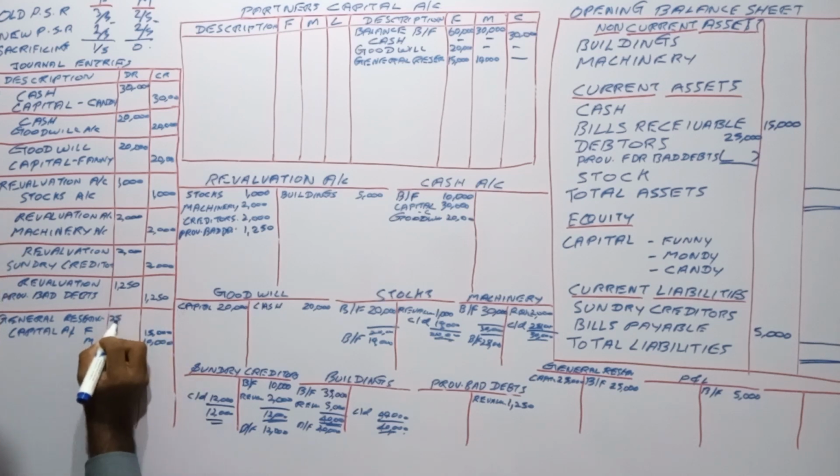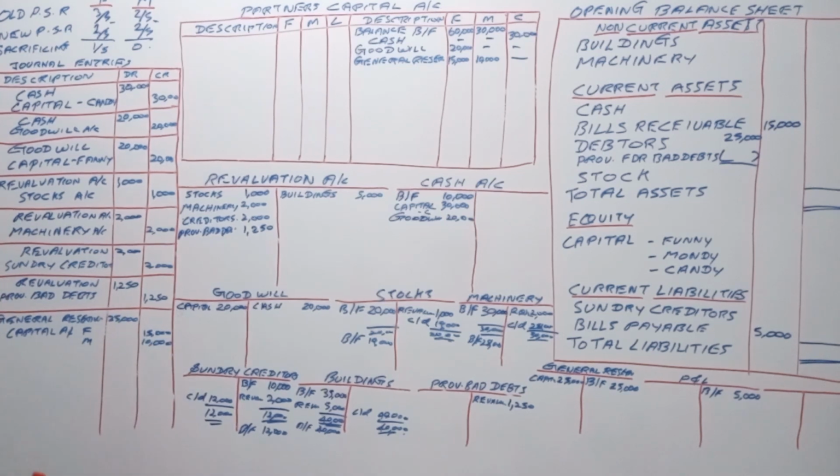Here is 25,000, right? Journal entry is over. Finished.